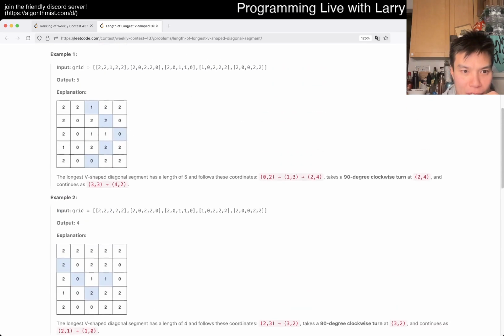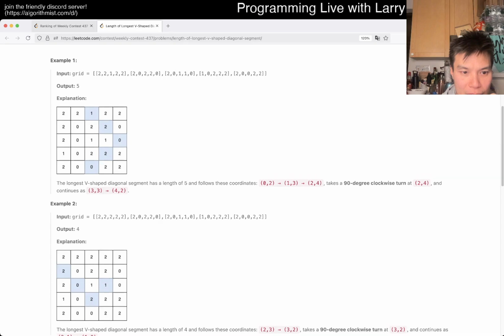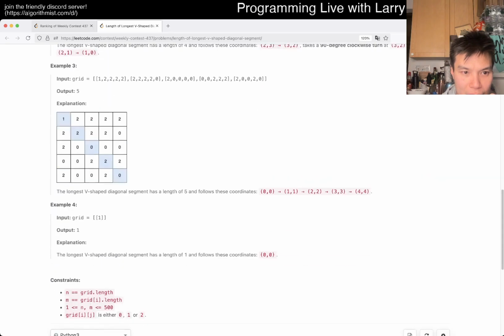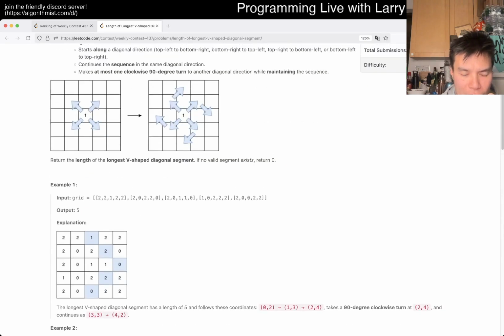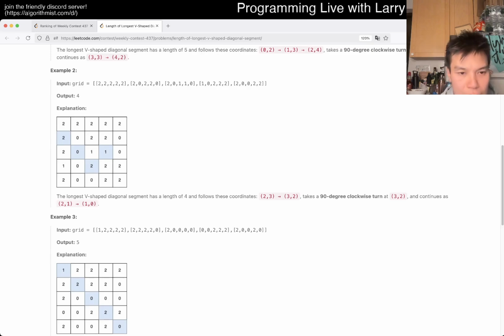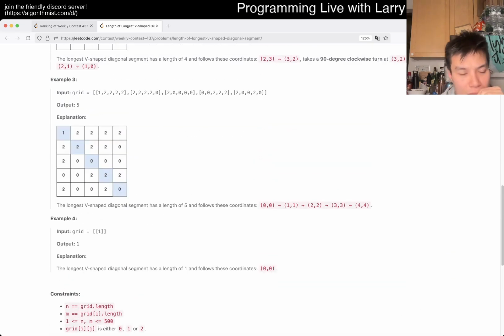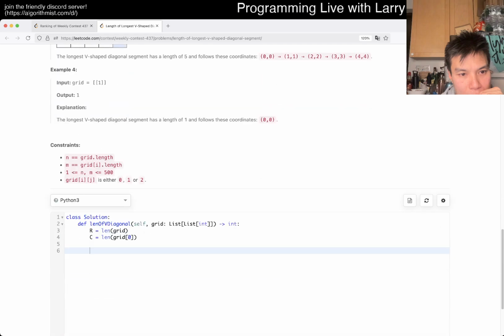Do we always start at 1? So it starts at 1 and then it goes 2, 0, 2, 0, right? What is 500 squared again?